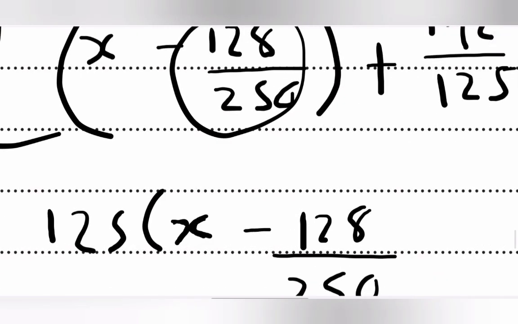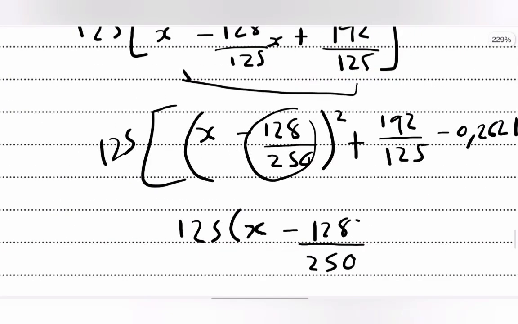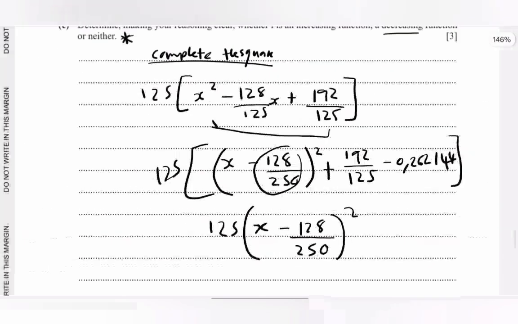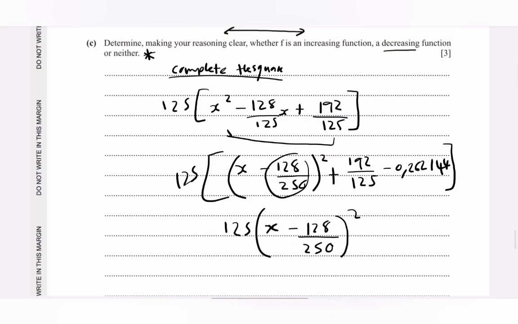like this, and put squared. Squared like that, and for that first part we say 192 over 125 minus 0.262144, like that. You're getting plus 1,273,856.